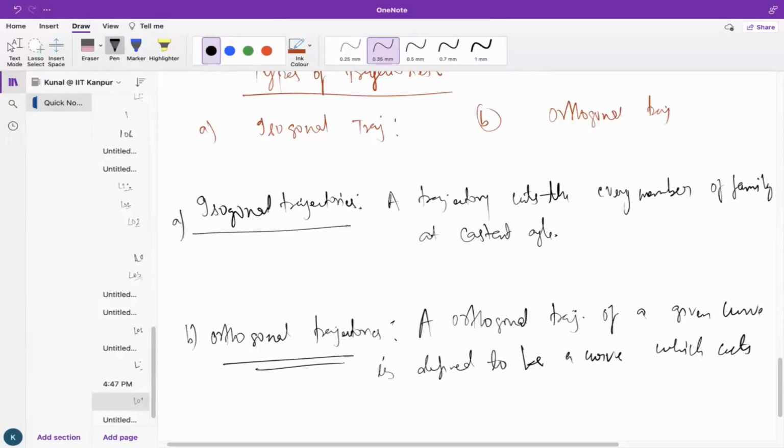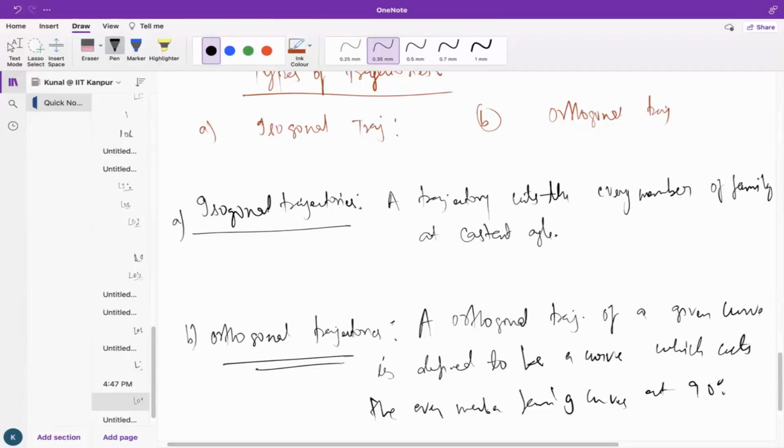That's it. Which cuts every member of the family of curves at 90 degrees. Okay. So this is the definition of isogonal and orthogonal trajectory. Let me tell you how to use this in the form of questions.